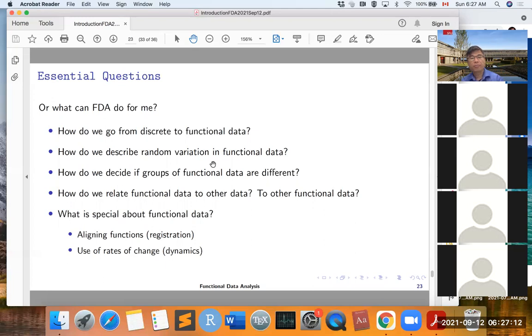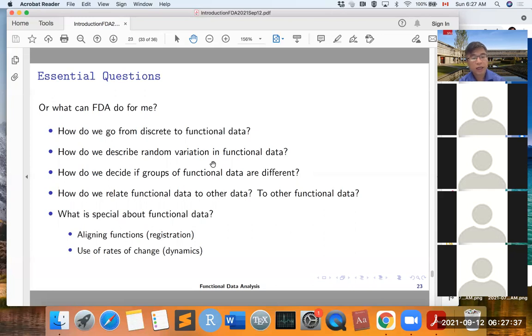We will start this topic after the break. Next, we want to see how we can do classification for functional data, how we do clustering for functional data, and how we can relate the functional data to other data, like a linear regression model. We also have a linear regression model for functional data.